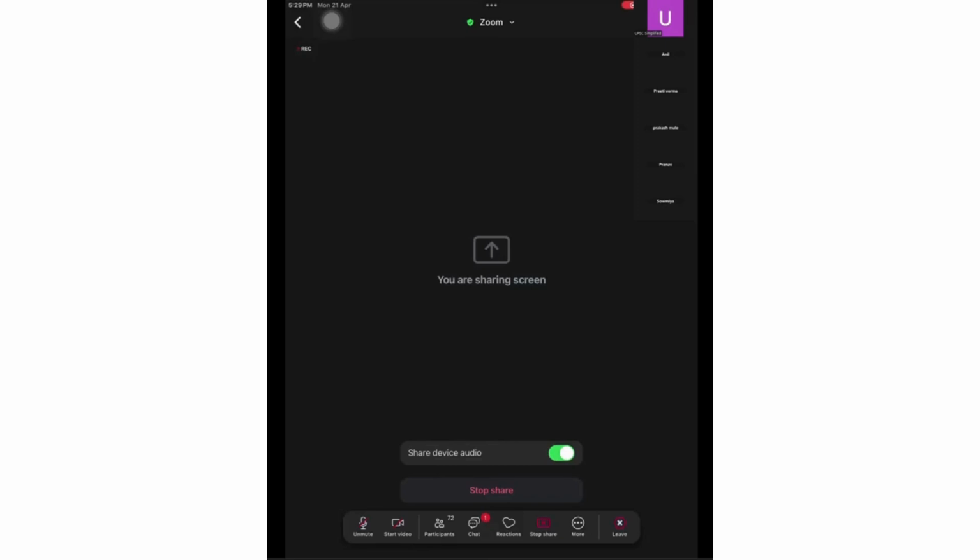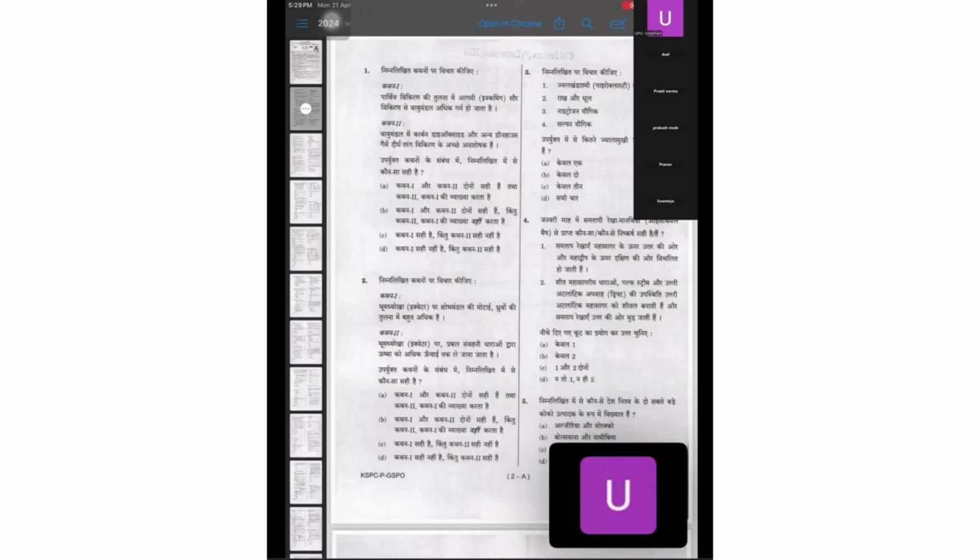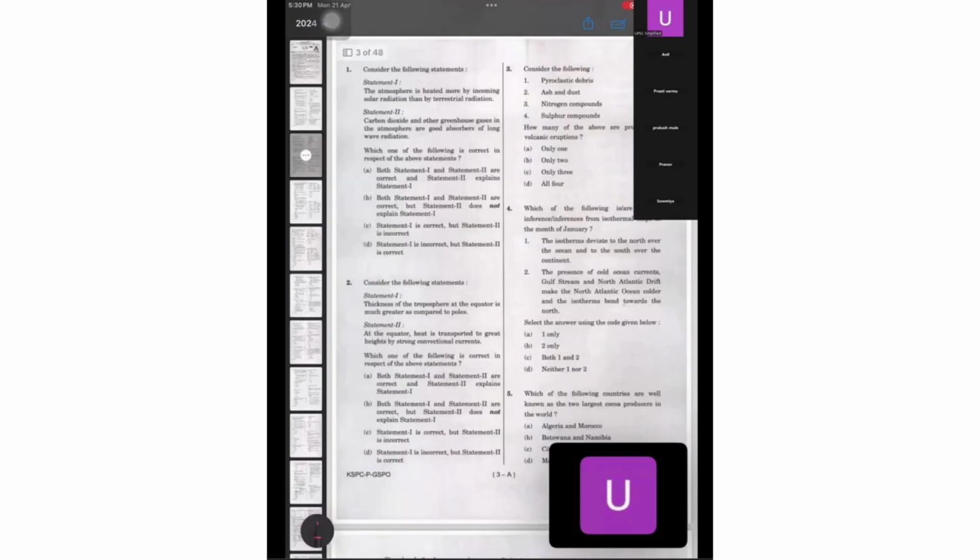Can you all see my screen? Yes, ma'am. Right. So let us suppose this is our 2024 GS1 paper. How will I do it? I am just hypothetically solving, not solving for right or wrong. Let us suppose I am reading question number 1.